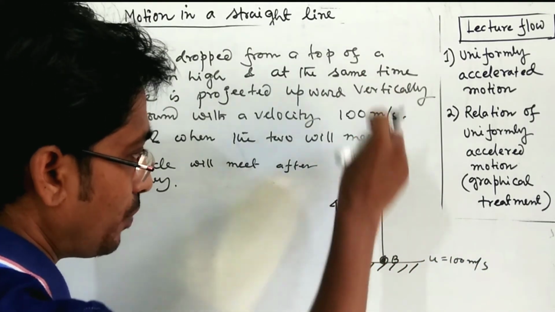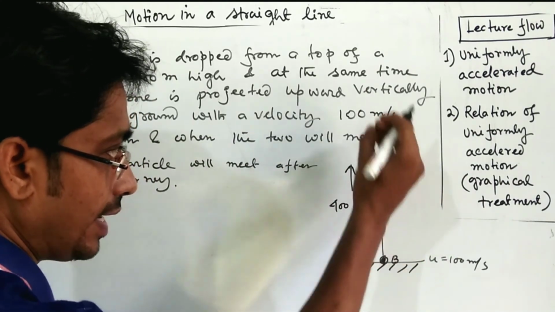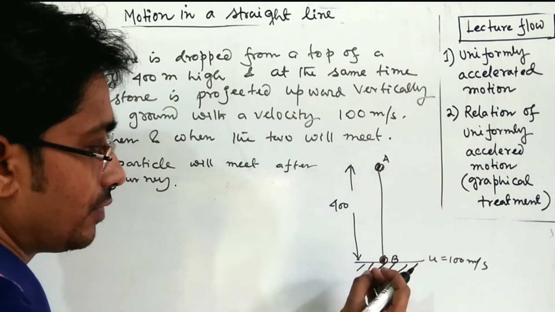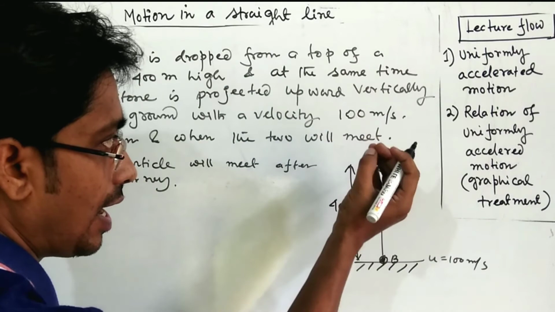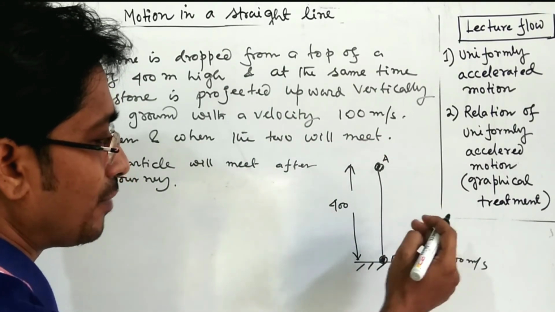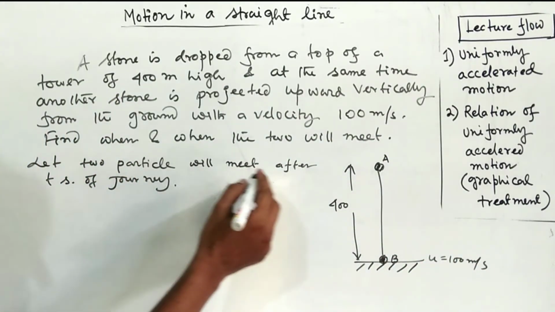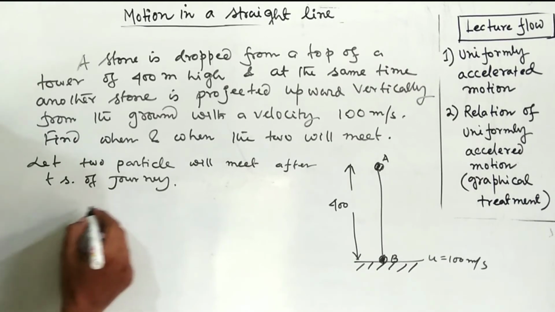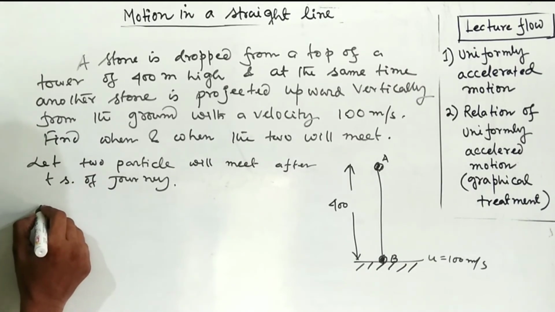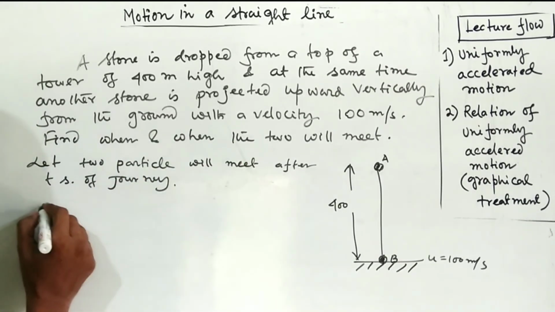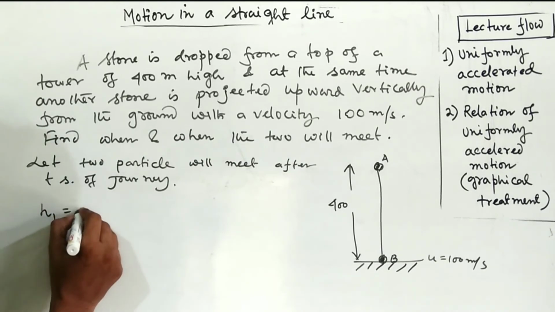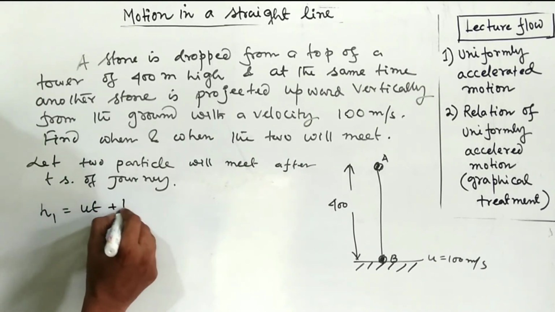One is dropping down, so under gravity, here you have to take G as positive, and one is going upward, against gravity, so you have to take minus G. So let the two particles meet after t seconds of journey. A is moving down, so it will drop down H1, and the formula is UT plus half GT square.